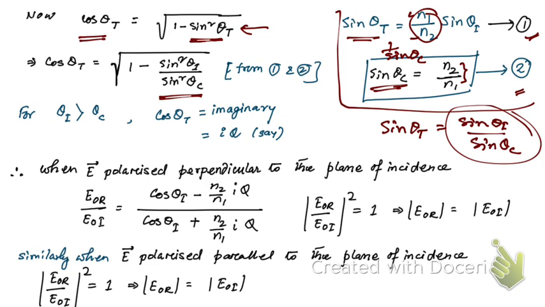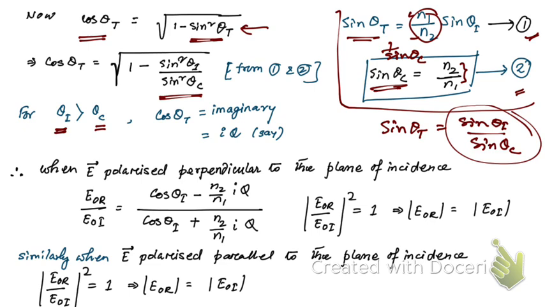Now you see, suppose this incidence angle is now greater than the critical angle theta c. In that case, when theta i increases, the value of sine also increases with the angle, right?